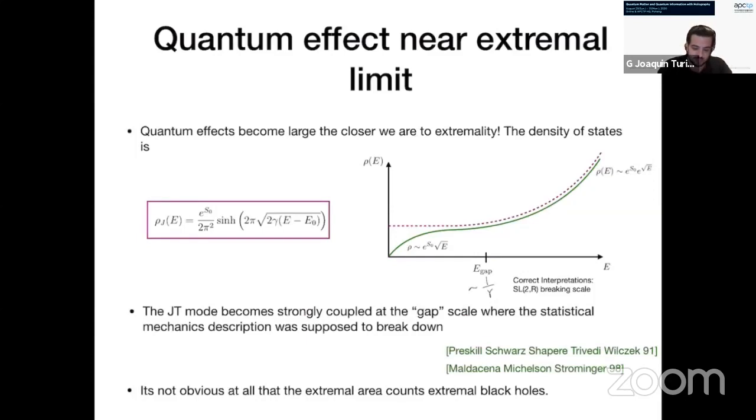And I call it a gap because that's the name that people gave it in the 90s, where they argued that the statistical mechanical description of black holes fails at low temperatures. The reason they gave was that, if you remember, the change in energy goes as T squared.